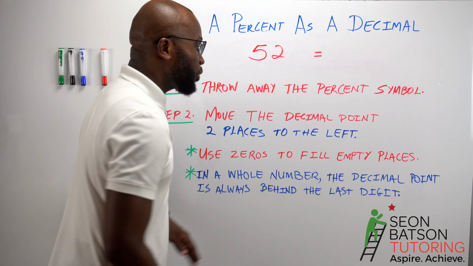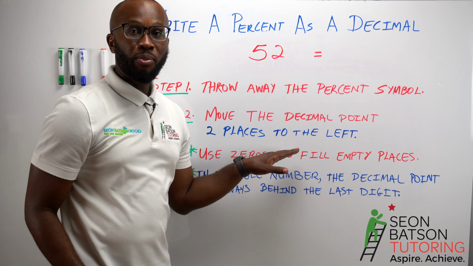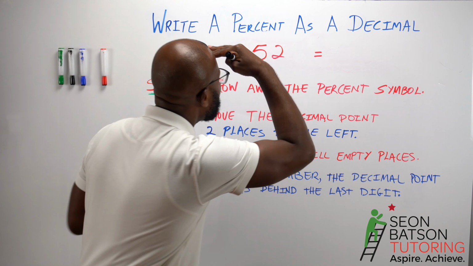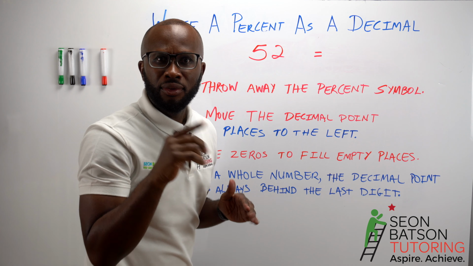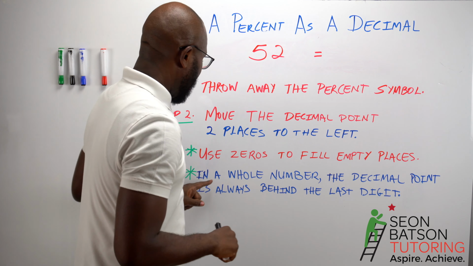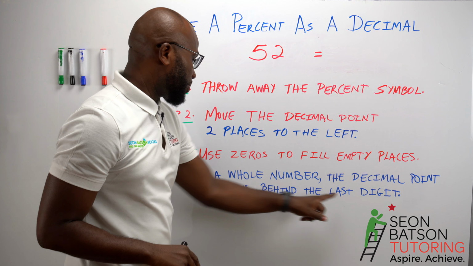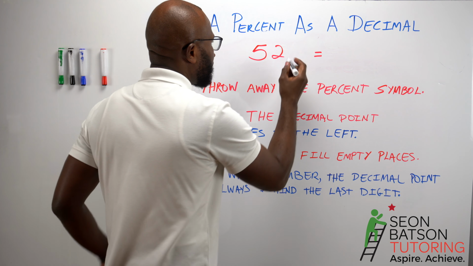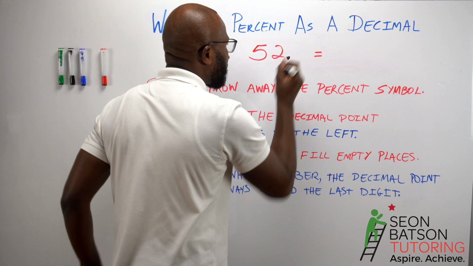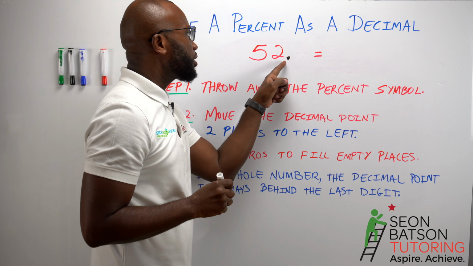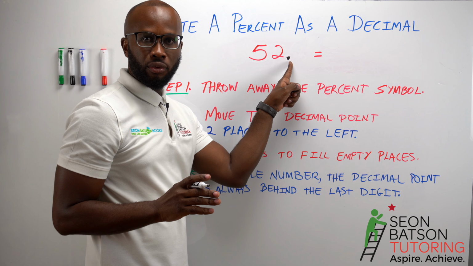And then step 2, we will move the decimal point 2 places to the left. But if you look here, where is the decimal point? I don't see it. Do you see it? Remember the rule. In a whole number, the decimal point is always behind the last digit. So the decimal point is hiding right behind the 2 here. The 2 is the last digit in this whole number, so the decimal point will be behind the 2.